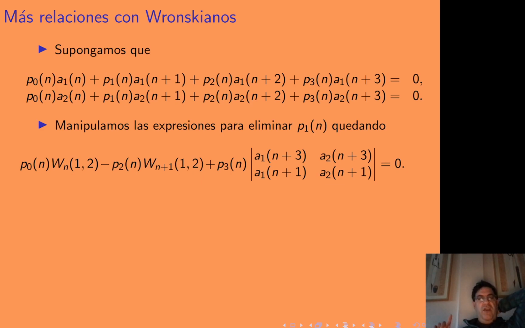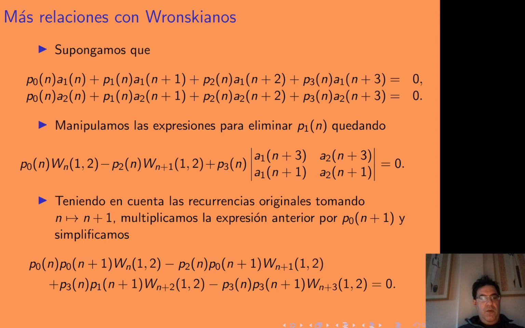You only have A1 and A2, and you don't have any more elements. Then in this particular case you can only do this once, right? You cancel this term, and then this factor still remains. So how can we obtain a difference equation for the Wronskian of 1, 2?